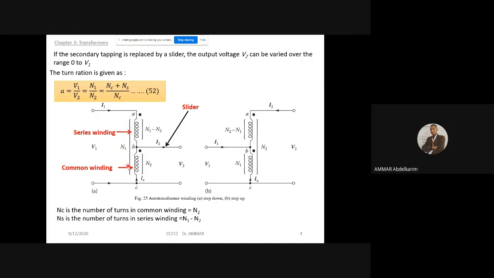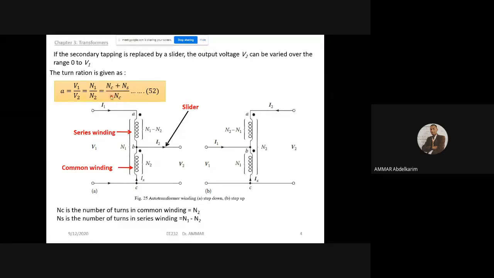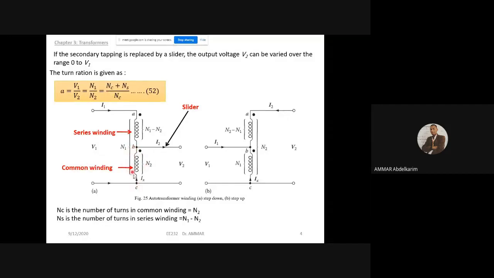So N is the same winding, but N1 is the number of turns from A to C, and N2 is the number of turns from B to C. N2 equals NC, which means the common winding, the winding between B and C. We call it a common winding because it's common between the primary and the secondary.